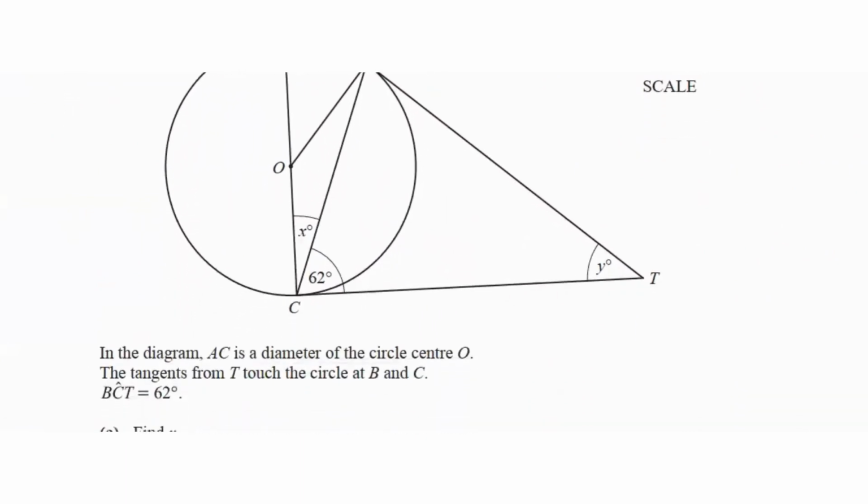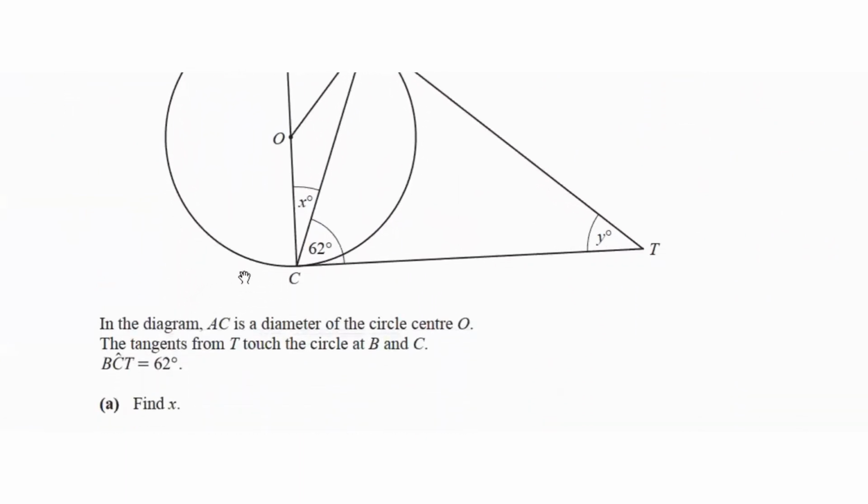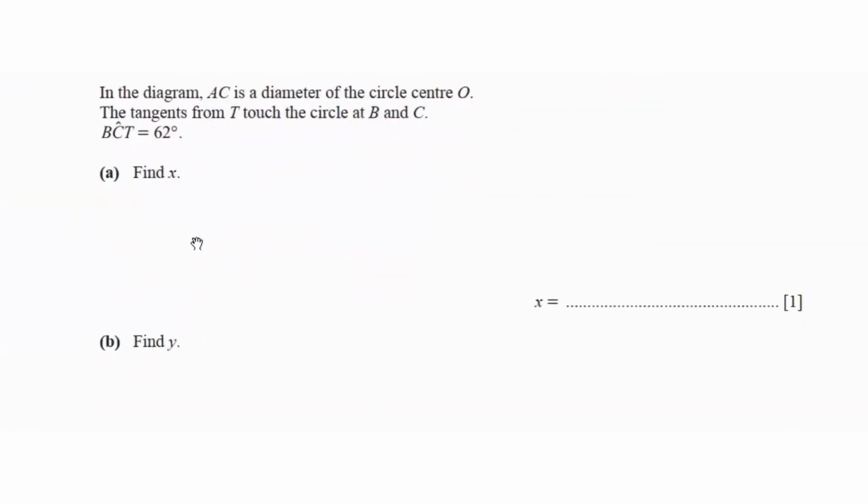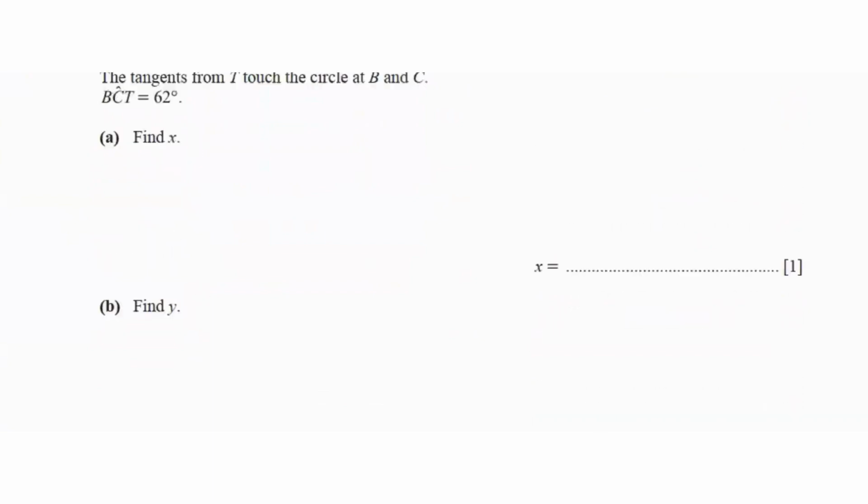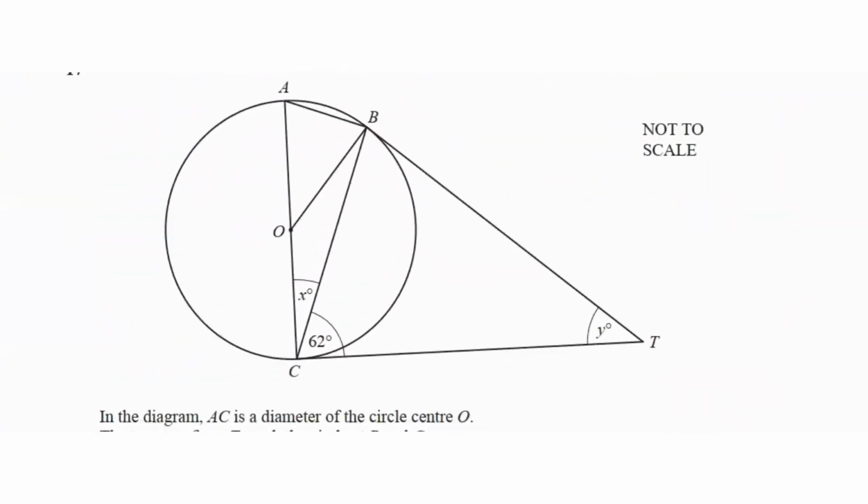Then question 17 says in the diagram, AC is the diameter of the circle center O. The tangents from T touch the circle at B and C. BCT is 62. Find X and find Y. So we know that all three are the same because they're the radius.